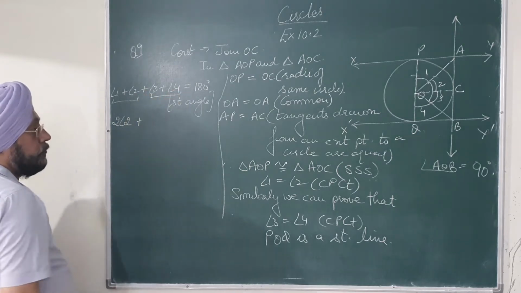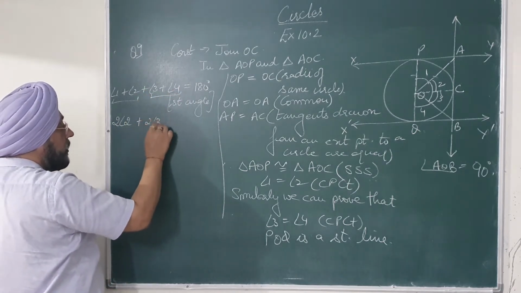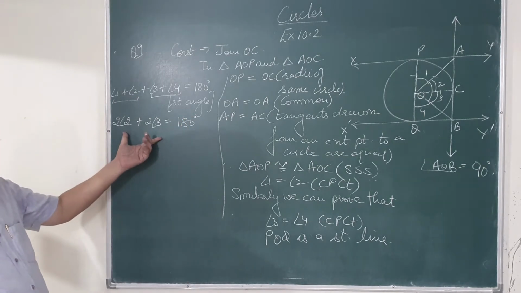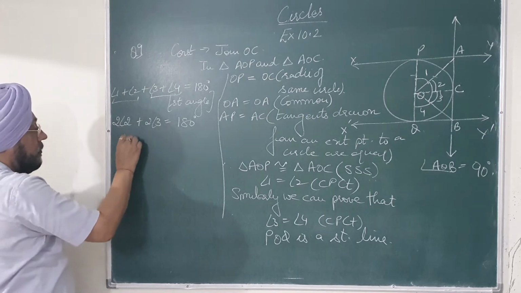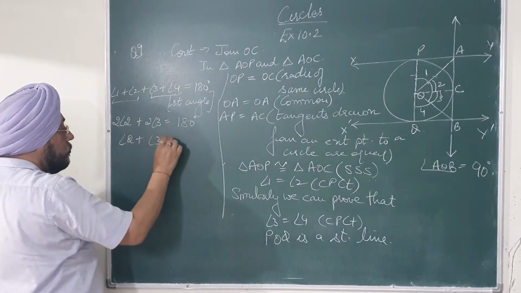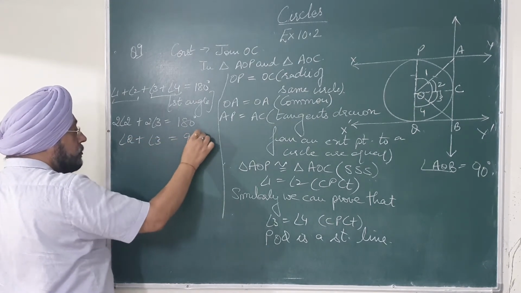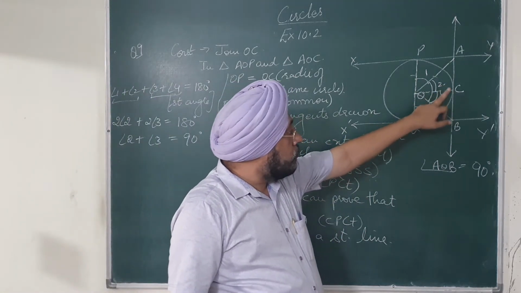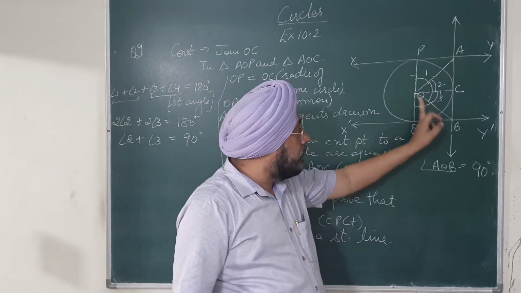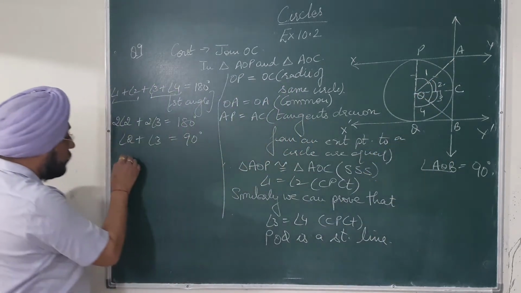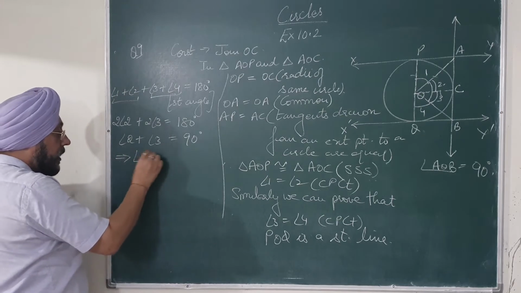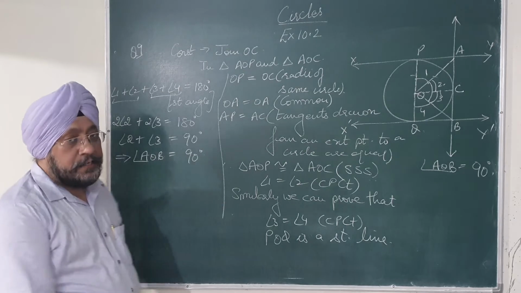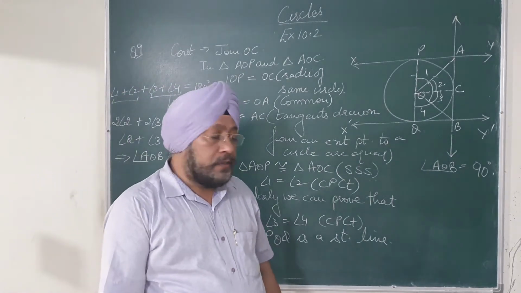Since 3 equals 4, we can take twice angle 3, and that is equal to 180 degrees. So divide both sides by 2. So we get angle 2 plus angle 3 must be equal to 90 degrees. So you can clearly see from the figure that angle 2 and angle 3 make angle AOB. So this implies angle AOB must be equal to 90 degrees. So this is question number 9.